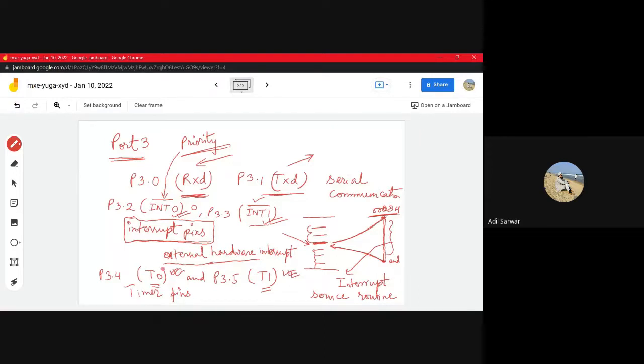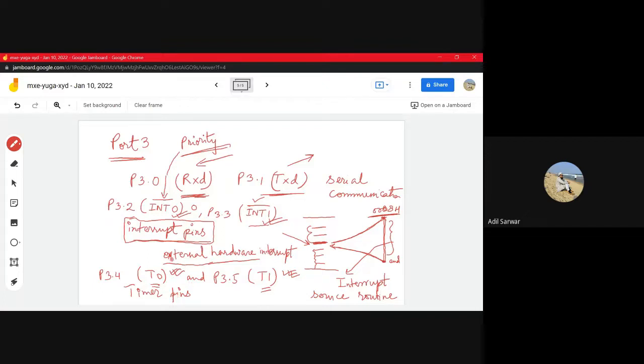Continuous pulses are given at T0 or T1 to produce delay. So the timer has various options. The timer can be used as a counter also, and it can be used to produce delay also.